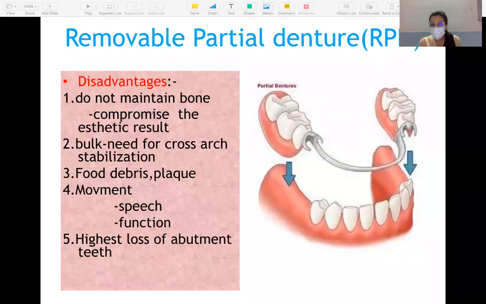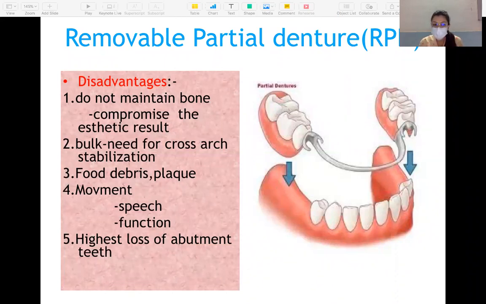When we talk of removable partial denture and we compare it with implant, we will find the disadvantage in removable partial denture is these are difficult to maintain. They do not provide good aesthetics. Bulk of RPD is needed because, as you all know, being final year students, there is acrylic on which the artificial teeth are supported in a removable partial denture.